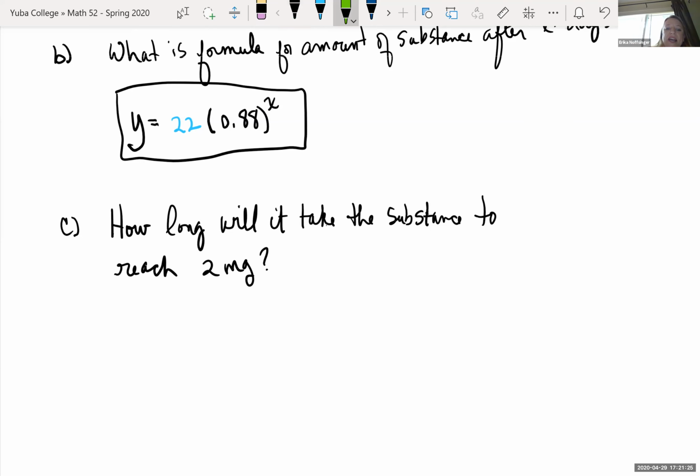Okay, so we actually know what Y is. This is our Y value. We're using our equation above. So we're looking at when is Y 2? So 2 is equal to 22 times 0.88 raised to the X power.